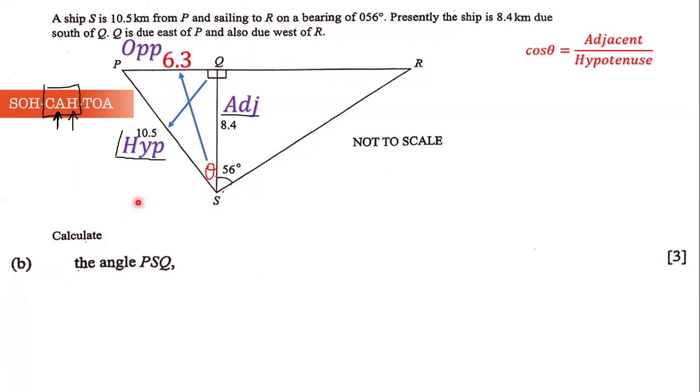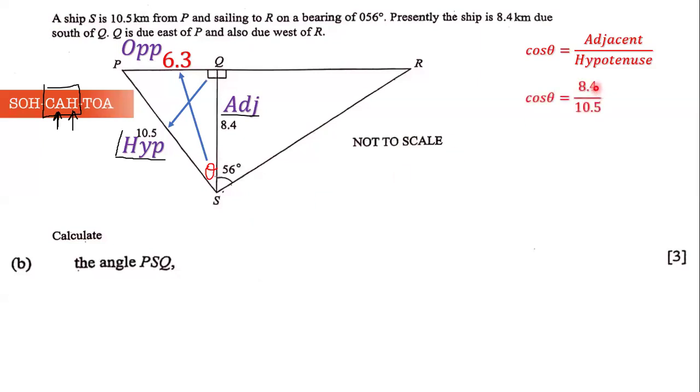In general, it is a safer route to use the side lengths that were given, especially if you don't have to use the side that you found. So we're going to use cosine because we have the adjacent side and the hypotenuse given. And so let's substitute.